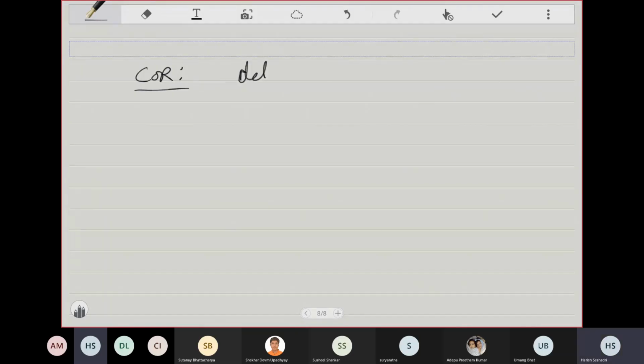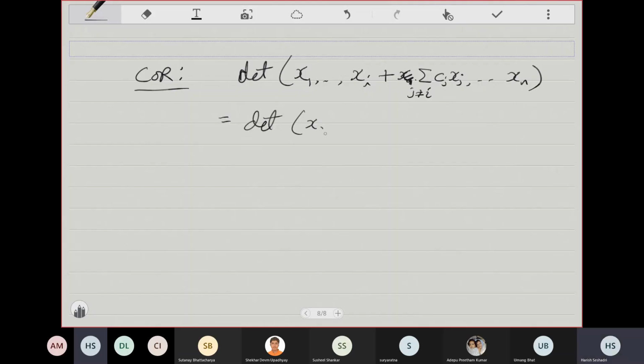So the corollary is that if I take det of x1, xi plus the summation of cj xj, j not equal to i, and then xn, this is the same as the determinant of x1, xi, xn.